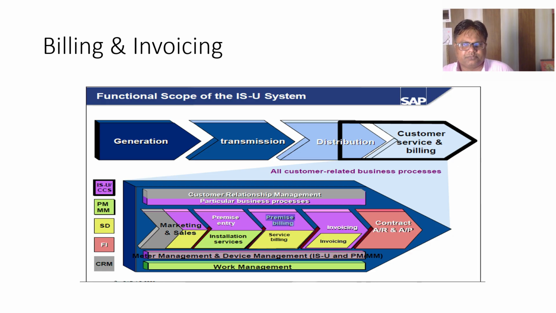That means you have to create your business master data. Then you have to create the technical master data. In technical master data, you have to create your connection object, your premises, your installation, and device location, and what meter we are going to give to the customer.